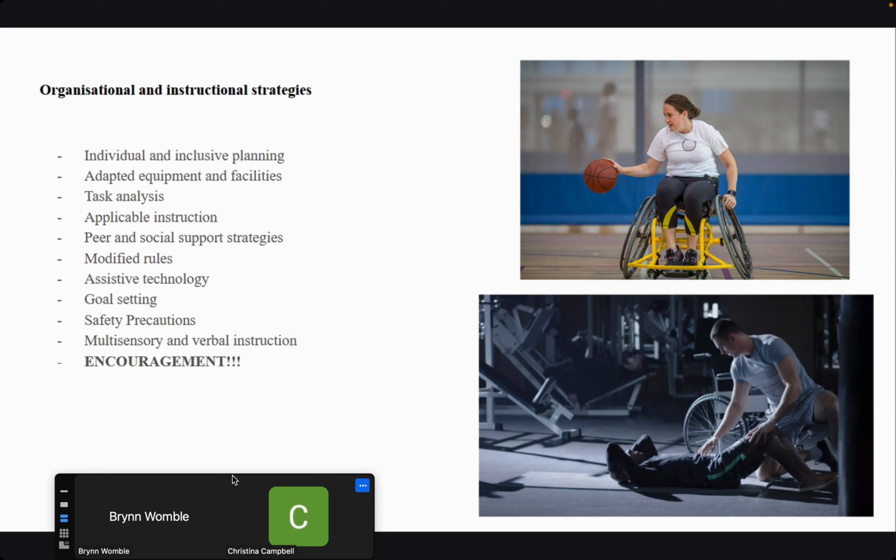Adapting game rules ensures fairness and inclusivity. For example, lowering nets, adjusting game duration, and allowing different methods of scoring encourages active participation without unnecessary physical barriers. Setting small, achievable fitness goals and progressively increasing intensity or complexity over time builds confidence and maintains motivation.